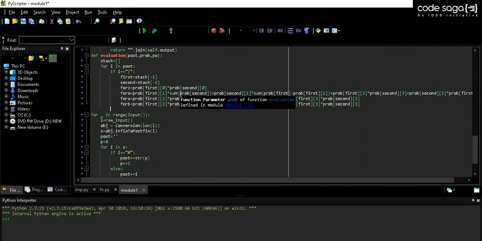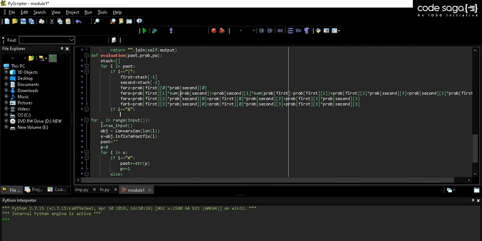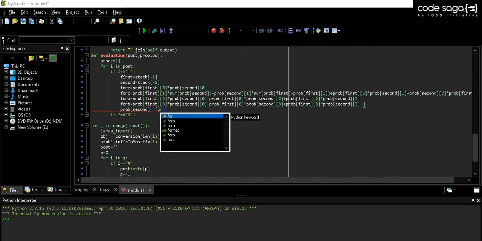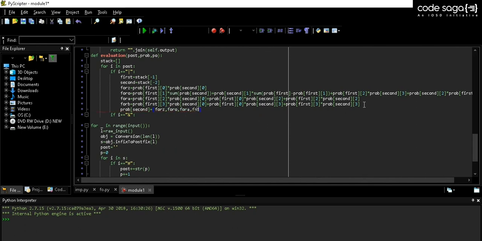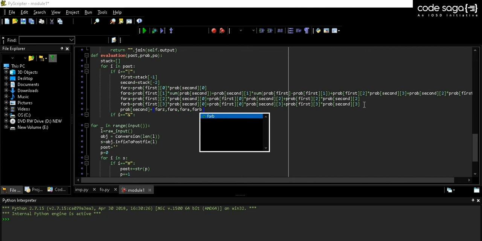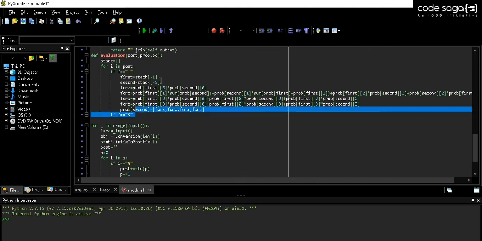Now we'll look if the operator is the AND operator. Before that, actually, we'll make the probability of second equal to 40, 41, 4a, 4b. Now that we have changed the probability of second, we'll pop the first one out as we do not need its probability.